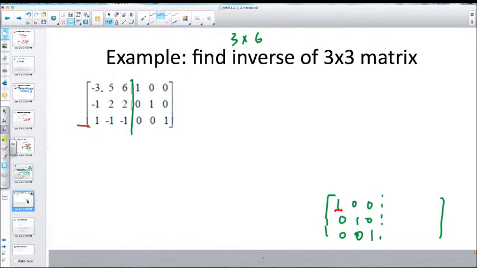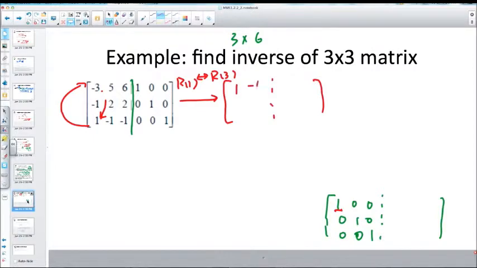Then you use the first row. You swap these two. I will call it the first row exchange with the third row. And what you get is 1, -1, 1, 0, 0, 1.